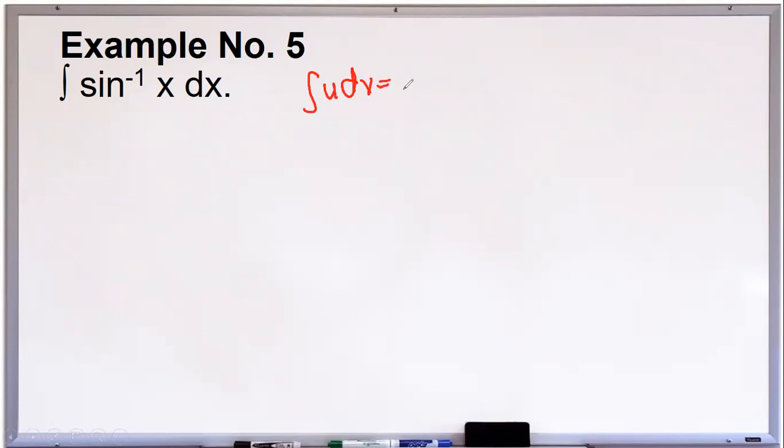Ano nga ulit yun? uv minus integral of v du. Okay. So, ile-let u natin dito, wala tayong choice. Ang u natin dito is arc sine of x.